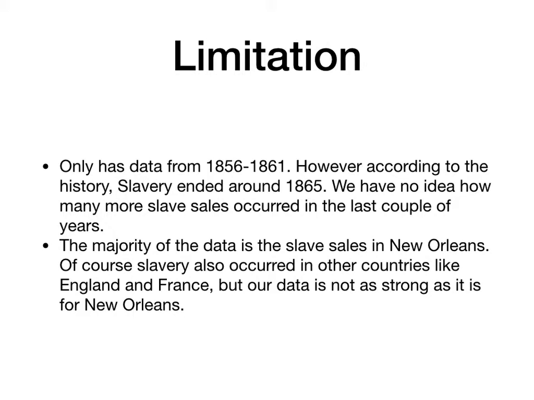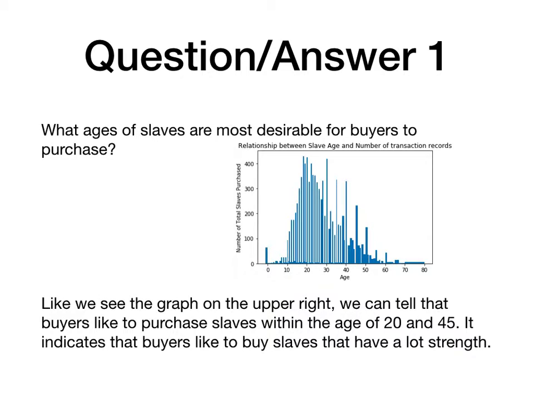Of course, slaves also occurred in other countries like England and France. We do have data in those countries, but the database is not as strong as it is for New Orleans. First question: what ages of slaves are most desirable for buyers to purchase?